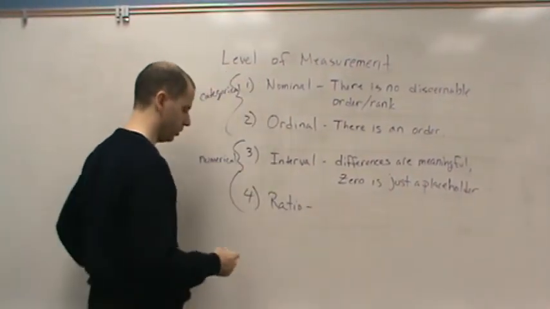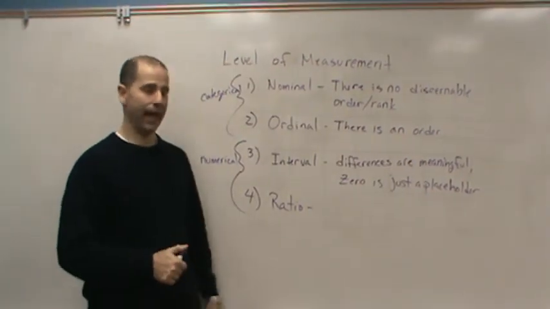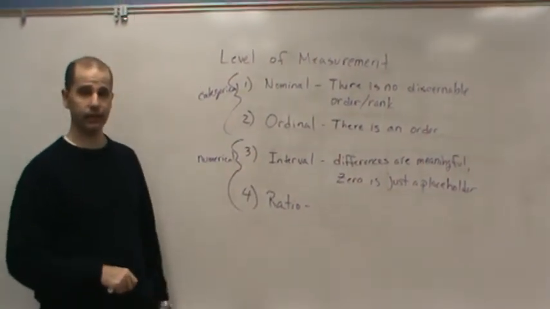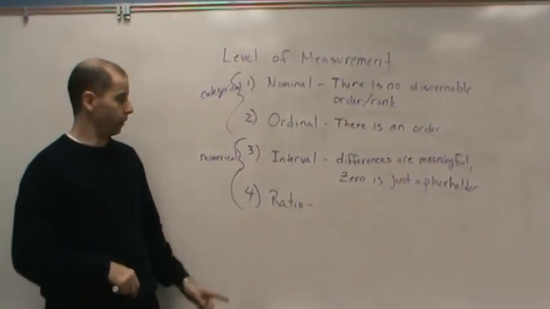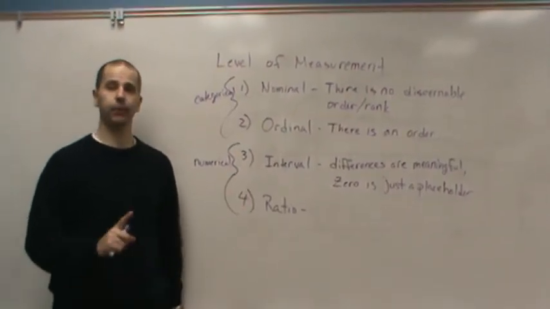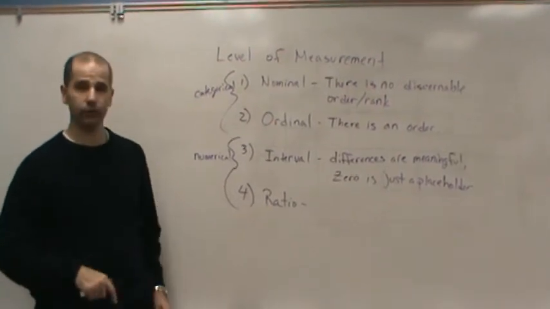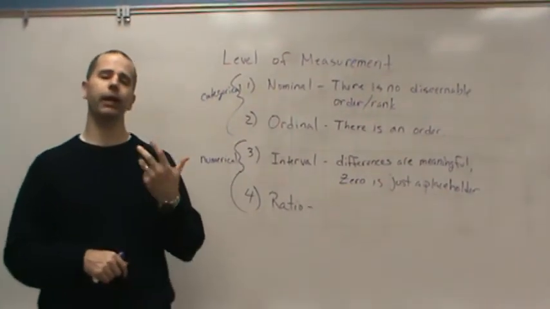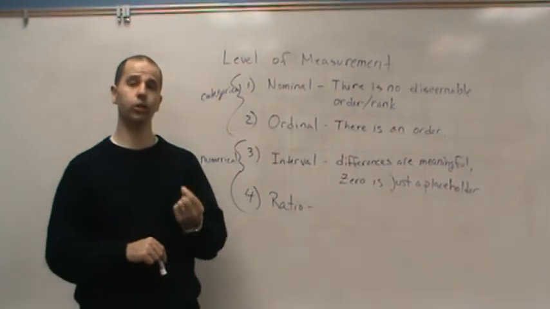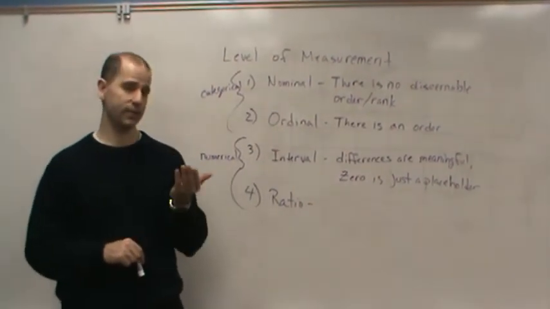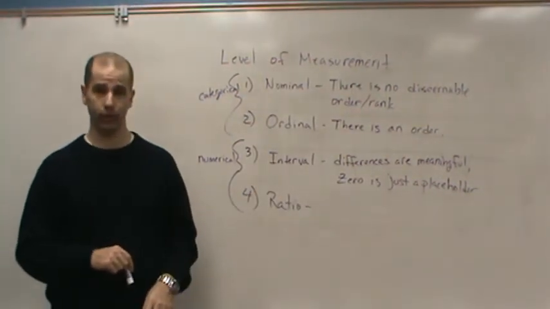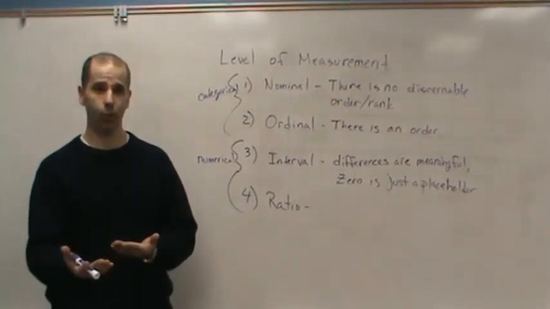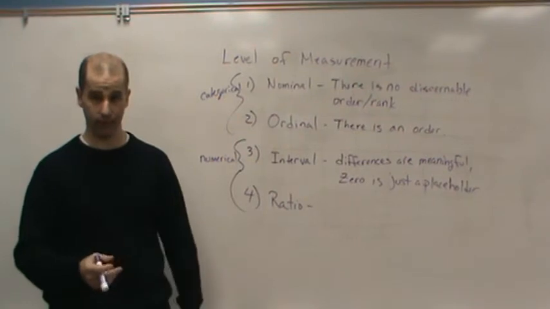And the ratio level of measurement has many of the qualities of interval, okay? Except it has a couple of added. So a variable that would have a ratio level of measurement would also have differences that make sense. So it has the qualities of interval, except it has some extra qualities that interval doesn't have, okay?